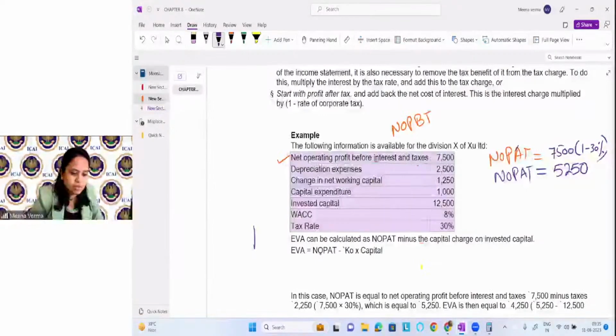What else? Depreciation is given and change in working capital is given. Capital expense is given, invested capital is given, and weighted average cost of capital is given.